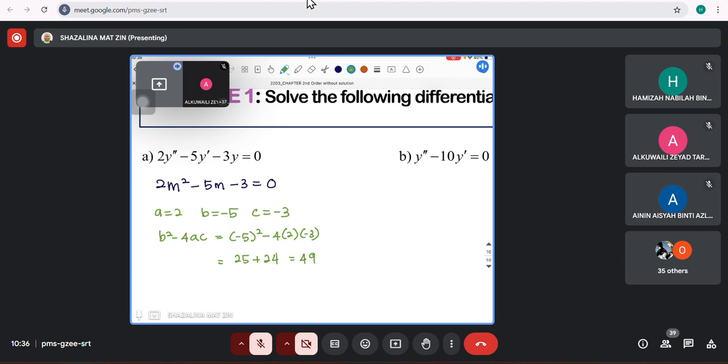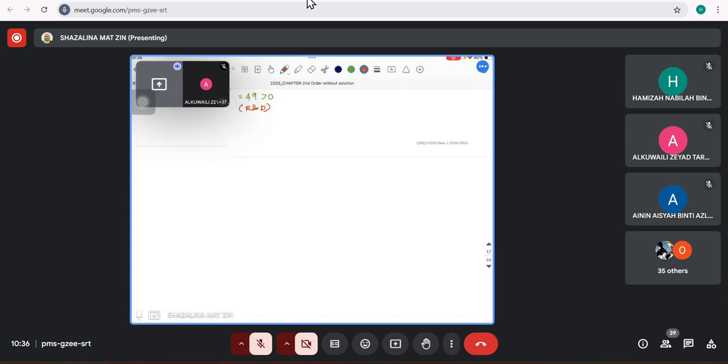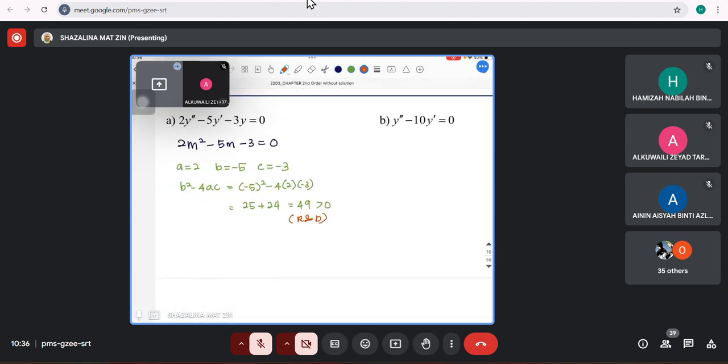This is greater than 0. Greater than 0 means it will contribute 2 values of m. Suppose we have 2 values of m. You may write down here real and distinct. Next step, step number 3, write the value of m.